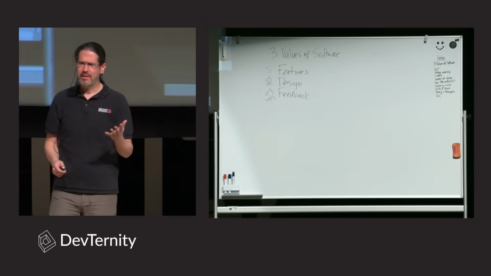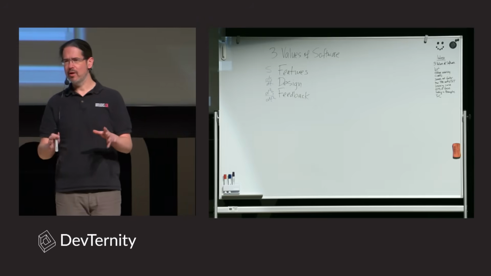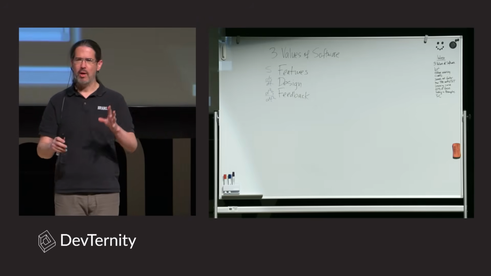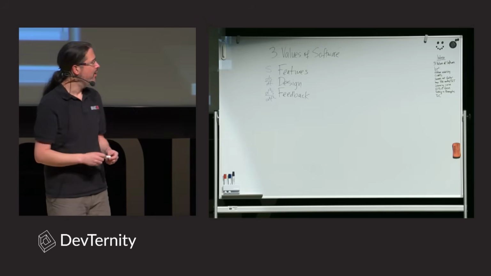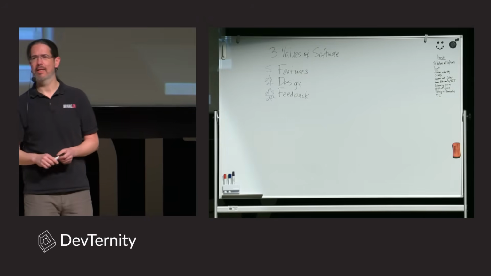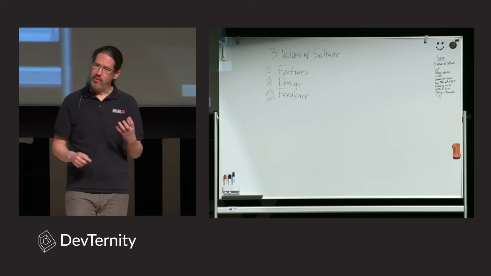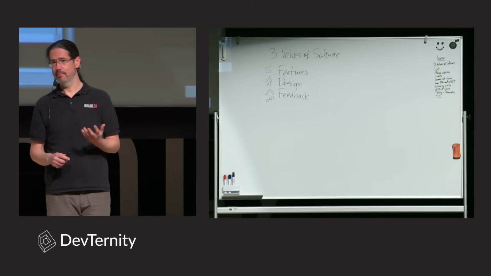So, as I said, I think the business value or the value from features is fairly clear. Most people, when they talk about business value, that's mostly what they think about. But for me, one of the underlooked, and perhaps it's less underlooked now than it used to be, aspects of value in software comes from the design.